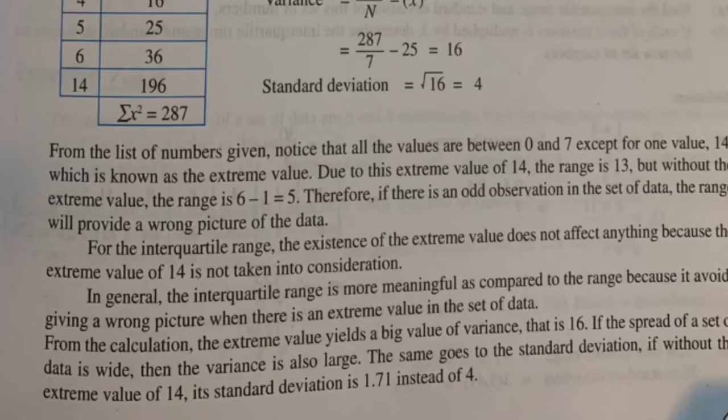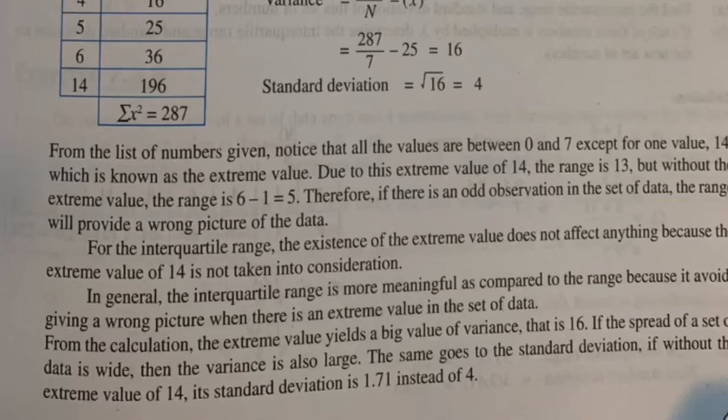From the calculation, the extreme value yields a big variance, that is 16. It causes the variance to become very big. It shows that the spread of the set of data is very wide, so the variance is also large. This shows that the data is not consistent. The same goes for the standard deviation.